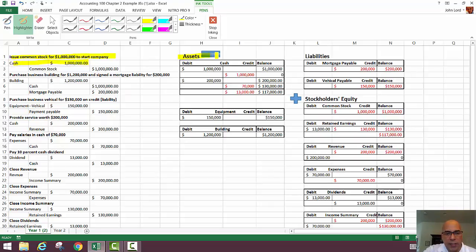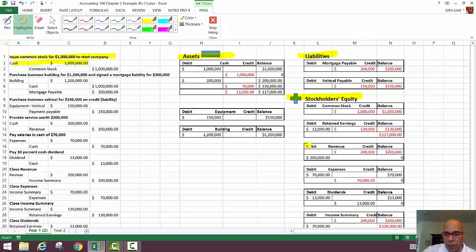Cash is an asset, and over here I've put in our ledgers, assets equal liabilities plus stockholders' equity. You wouldn't see that in the ledgers, but that is the case. We would have our ledger accounts that are assets, liabilities, and stockholders' equity, and the assets would equal liabilities plus stockholders' equity.